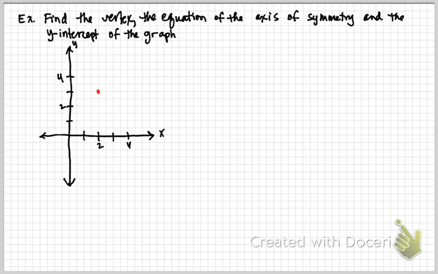So we make a little mark here. And then we would have one at 4, -1, and then we'll just kind of sketch it in. Okay, so let's start with the vertex. We just grab this guy, and then he's at 2, 3.